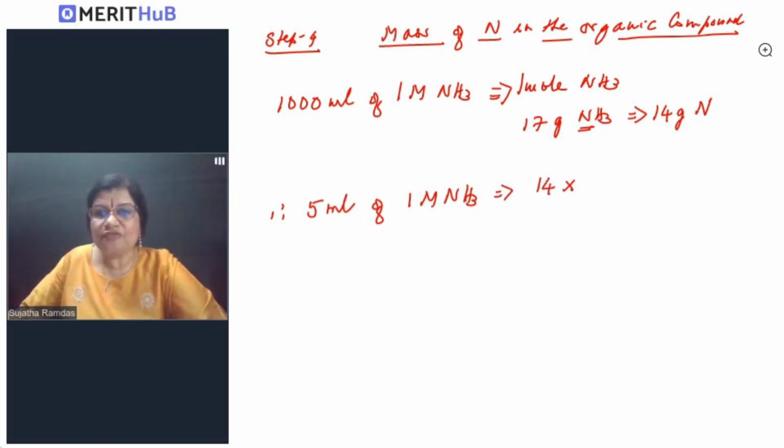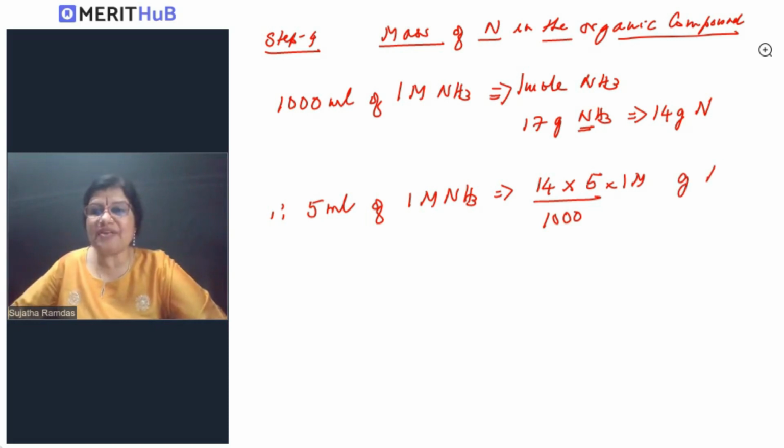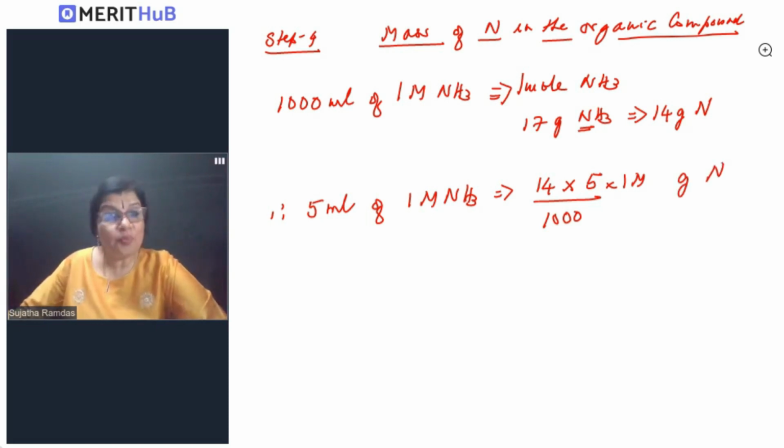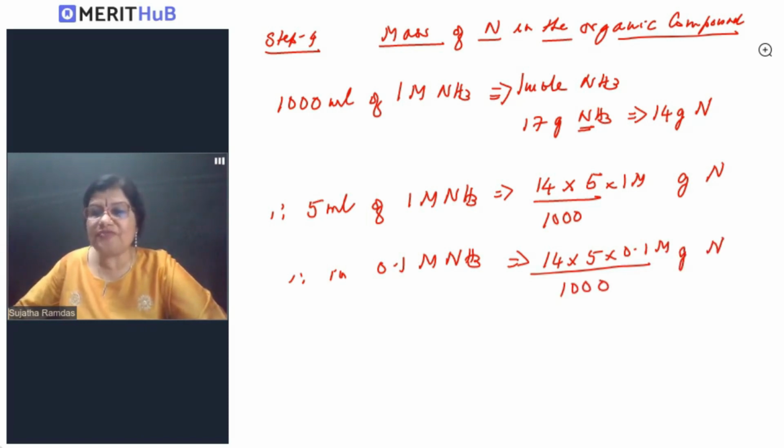That would be 14 into 5 into 1 molar divided by 1000 grams of nitrogen. All right, now we want it in 0.1 molar. Therefore, in 0.1 molar ammonia, what is the mass of nitrogen? So this into 0.1. So 14 into 5 into 0.1 molar divided by 1000 grams of nitrogen.